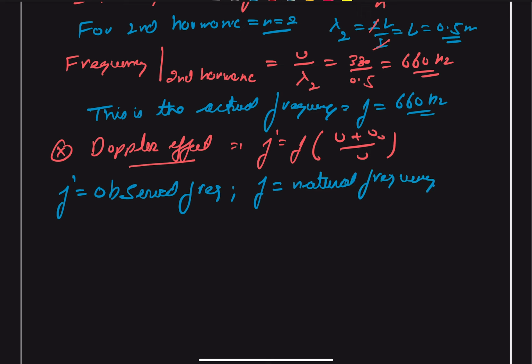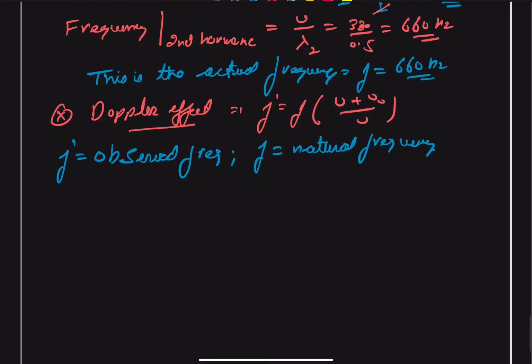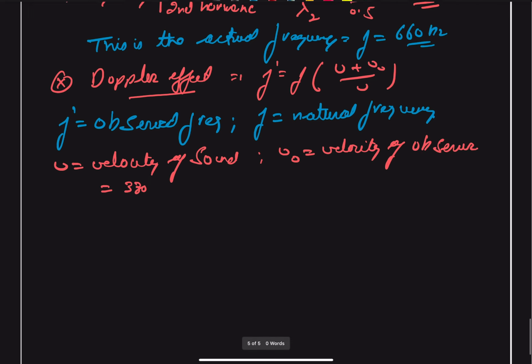V is the velocity of the sound, which is given as 330, and V naught is the velocity of the observer. Now we simply substitute the values.